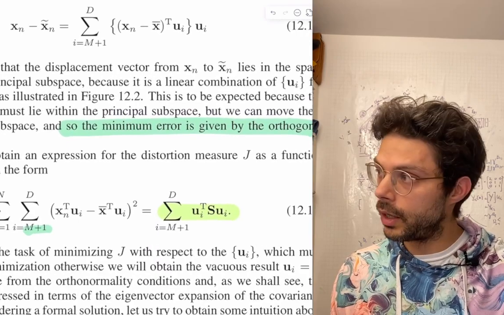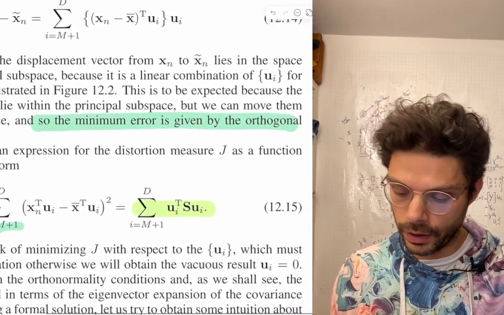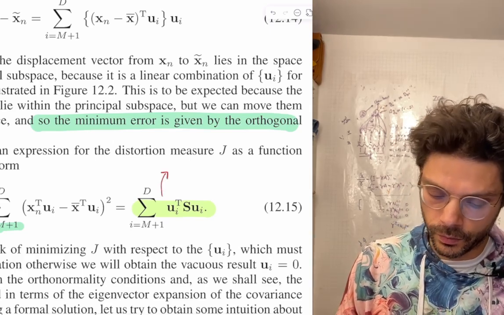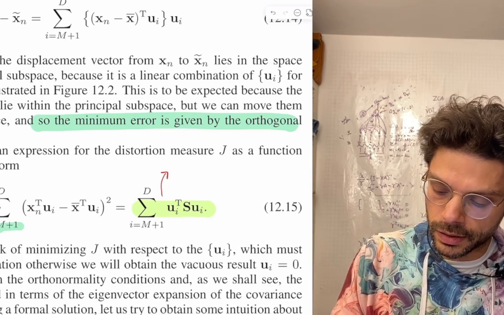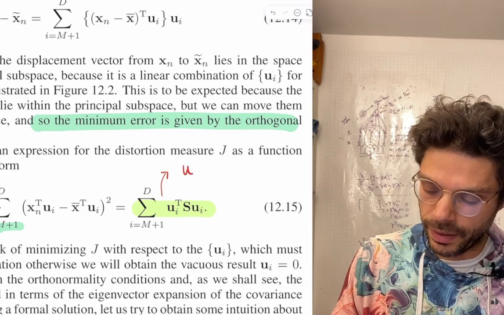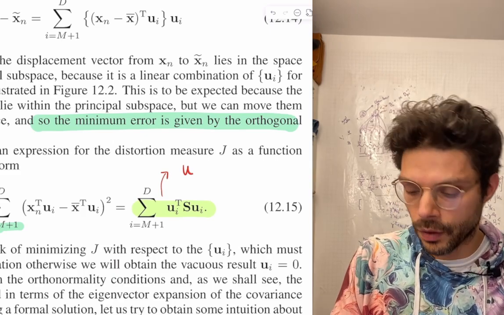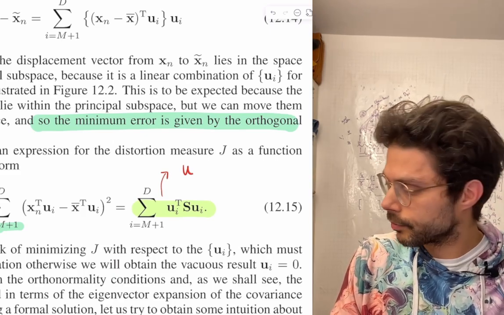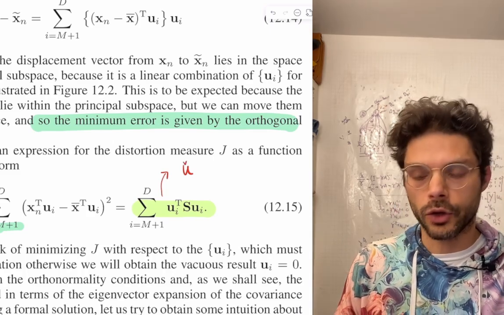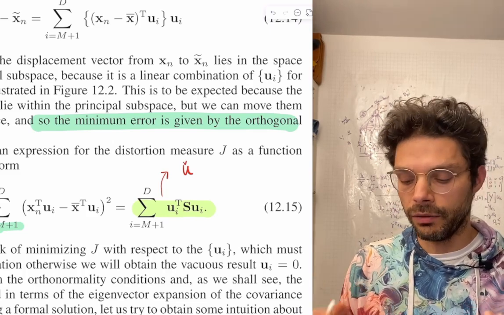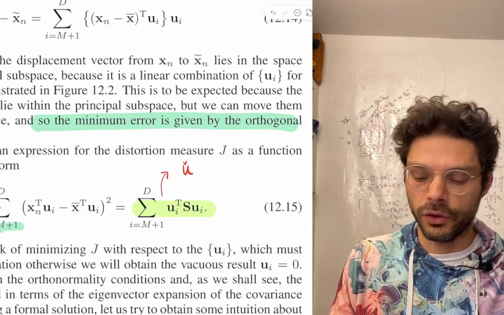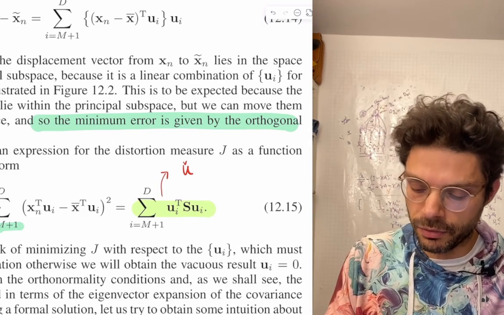We can actually write this as follows. Let's call it u with a little shape like that, to indicate that it's not all of the u, it's the bottom part of the u that we don't care about. This is going to have d minus m dimensions.